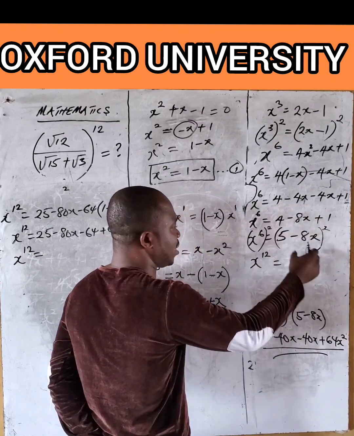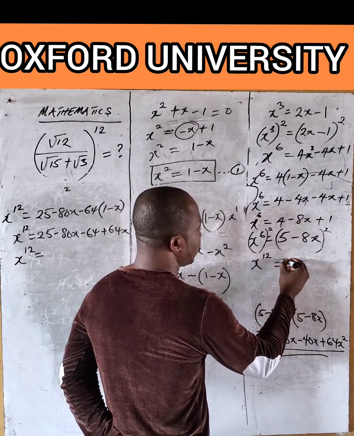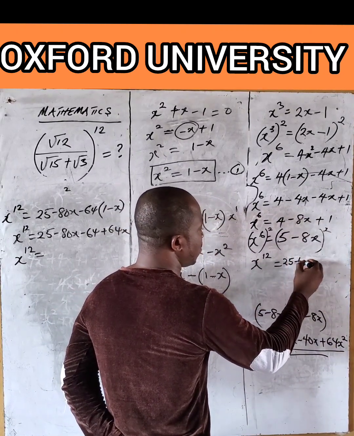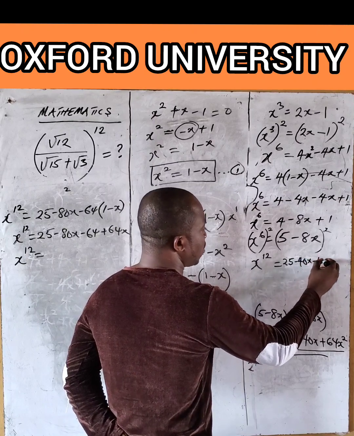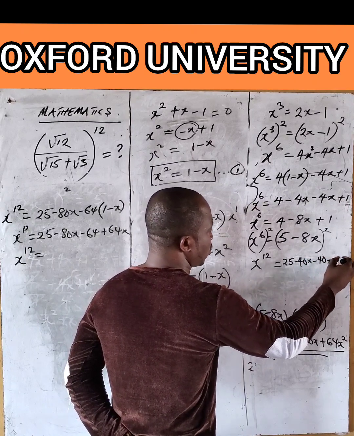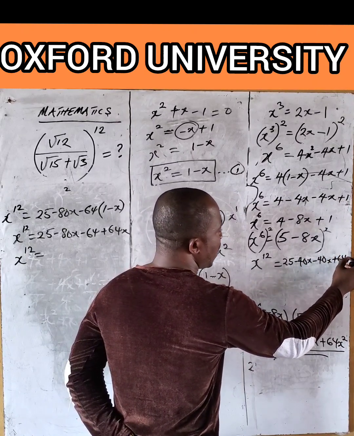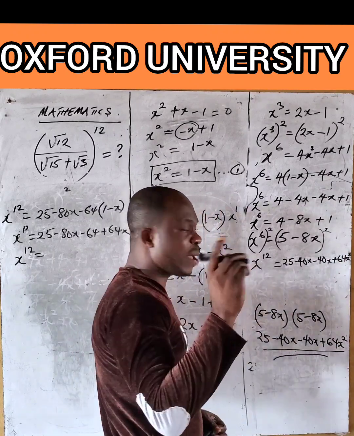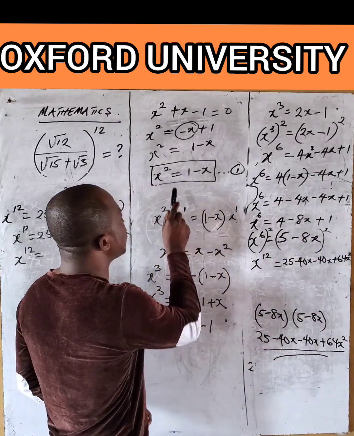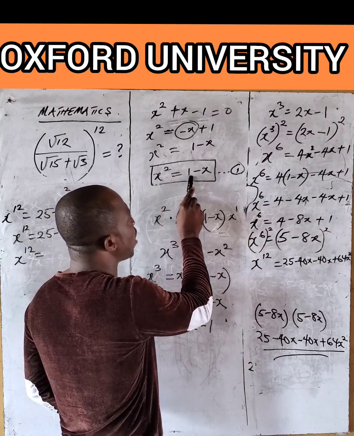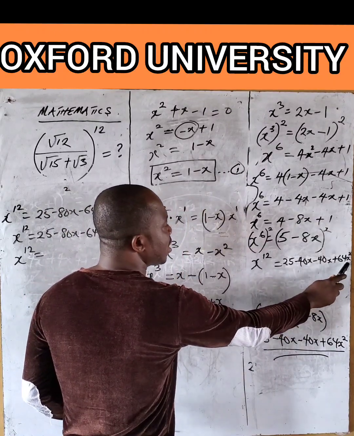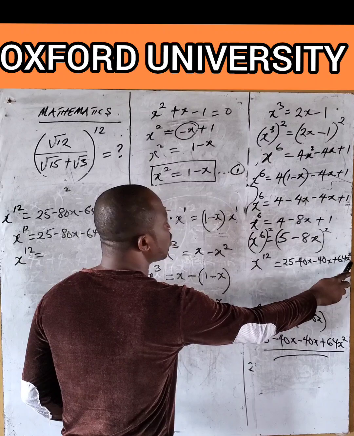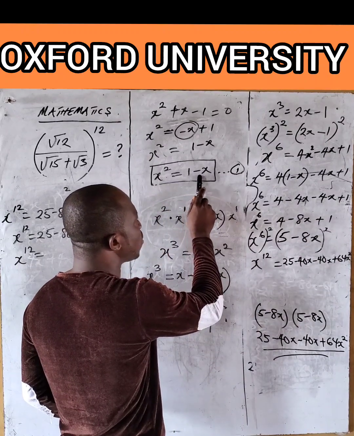If I import it here, of course, I'll be having 25 minus 40x minus 40x plus 64x squared. Now, if this is true, remember that I said anywhere we see x squared, we should put 1 minus x. It means that this 64x squared, this x squared will be substituted with 1 minus x.